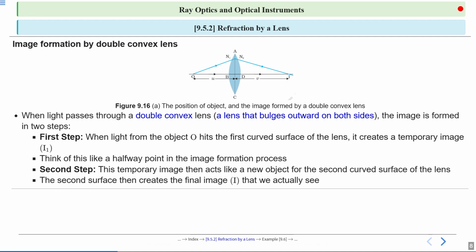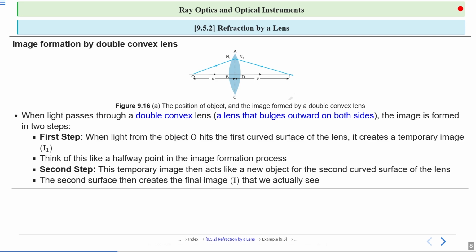Then the second surface ADC, we can assume that surface has one medium on its left side and another medium on the right side of ADC. Light is coming from the medium which is the same as that of the lens, from inside the lens, and falling on the second surface ADC.